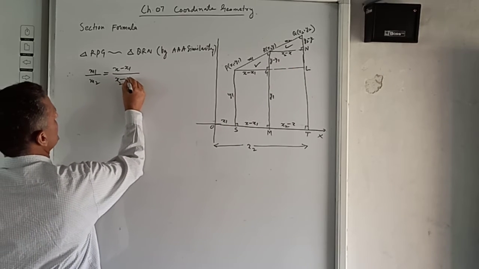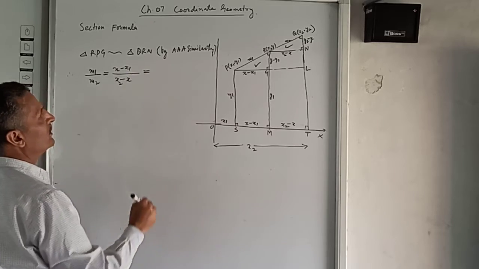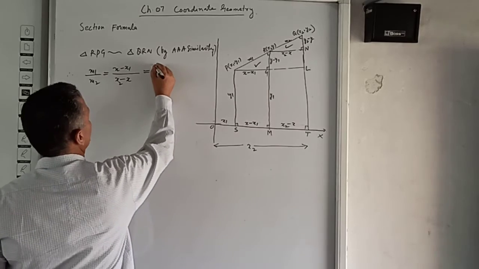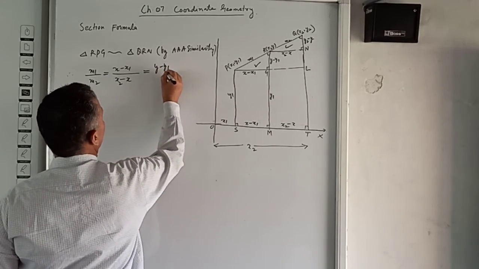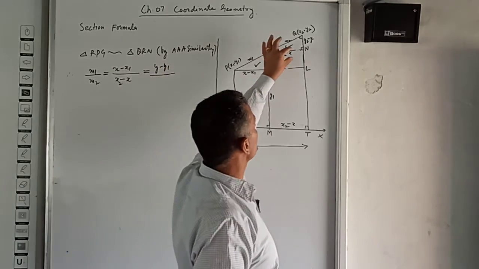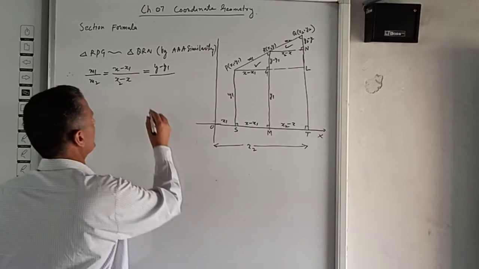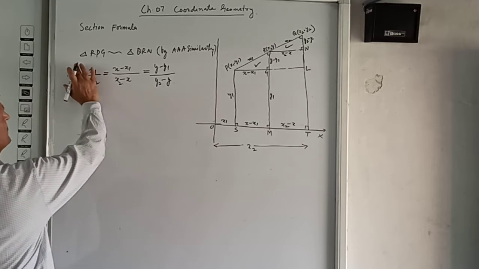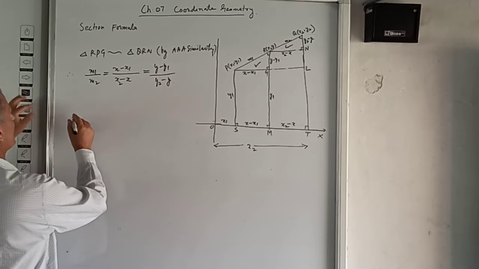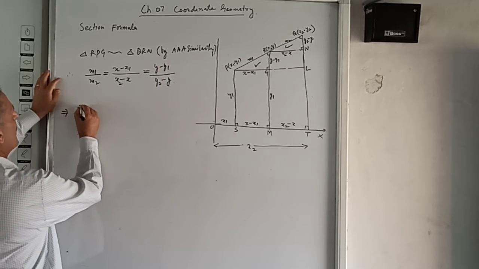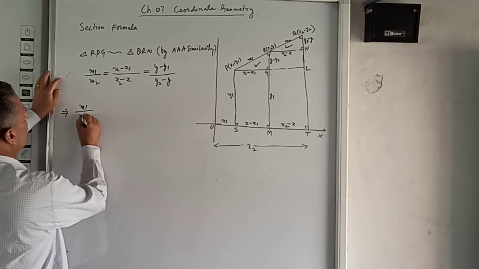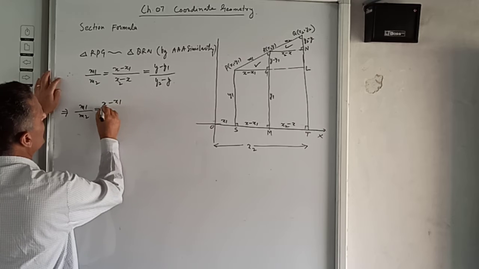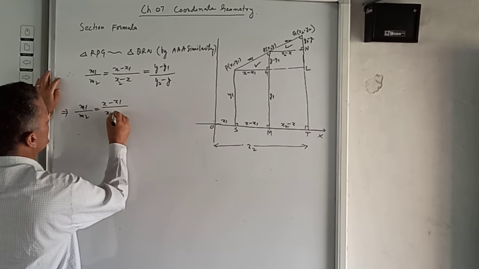Then what is this side? Perpendicular, y minus y1 divided by, what is this side? It is y2 minus y. So if you equate this with this, it implies m1 by m2 equals x minus x1 by x2 minus x.